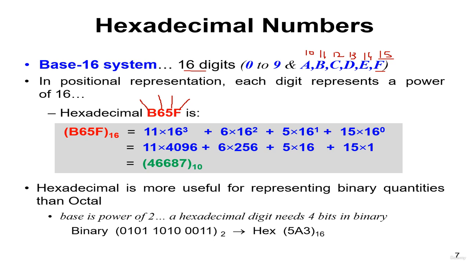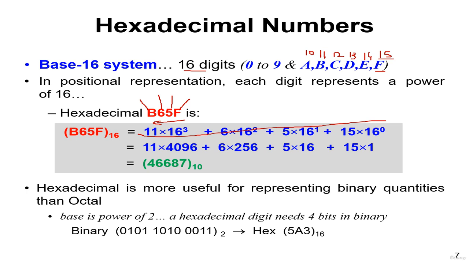So we would start from this end and start multiplying by powers of 16 in increasing order. So this is 16 raised to power 0 multiplied by 15, as F is 15, then 5 into 16 raised to power 1, then 6 into 16 raised to power 2, and 11 into 16 raised to power 3.